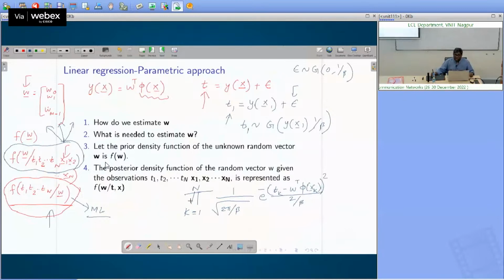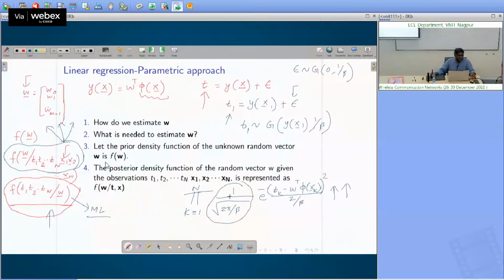So I already told you that you want to maximize this. I want to find the W that maximizes this. To do that, of course, the logarithmic function is an increasing function. So maximizing this is the same as maximizing the logarithm of this function. When I take the logarithm with base e, this constant is not going to play a role in the maximization. Only this part plays the role.